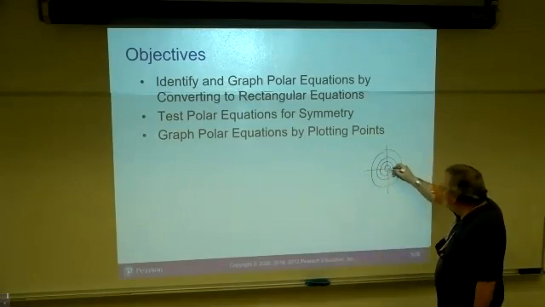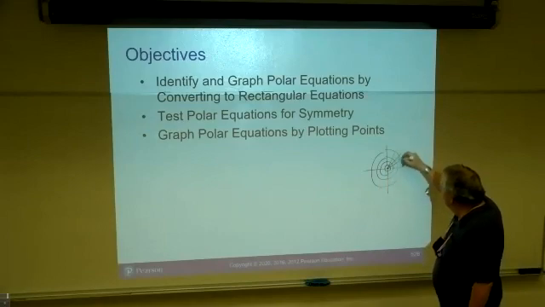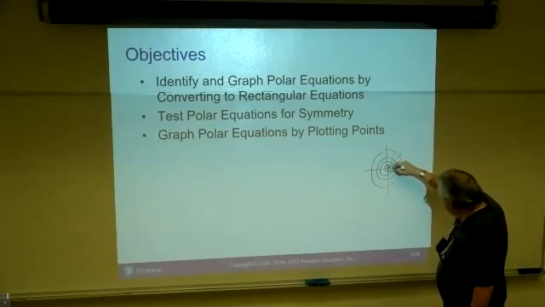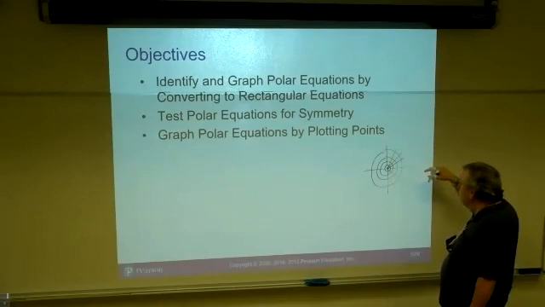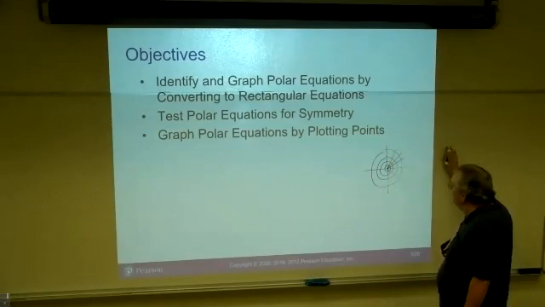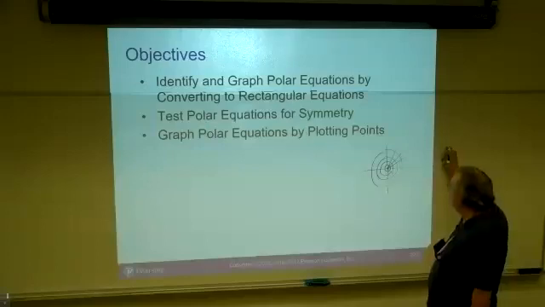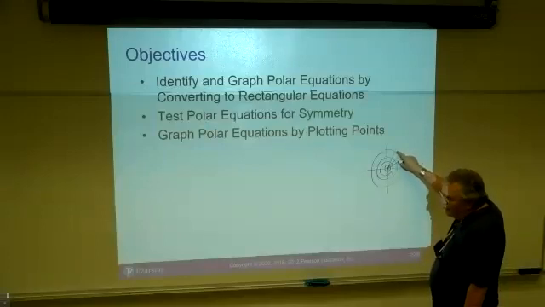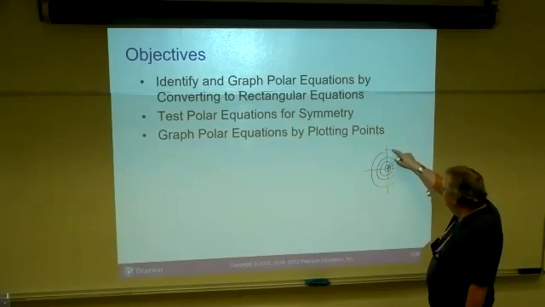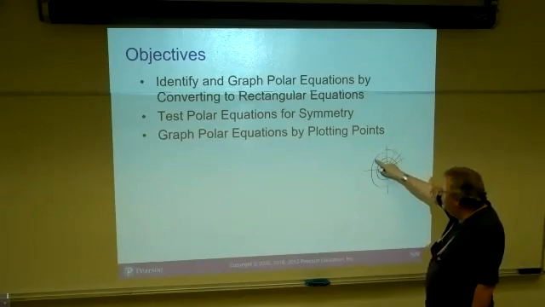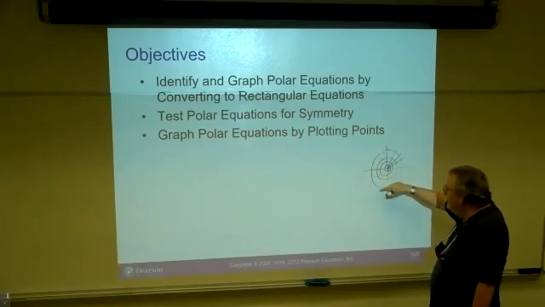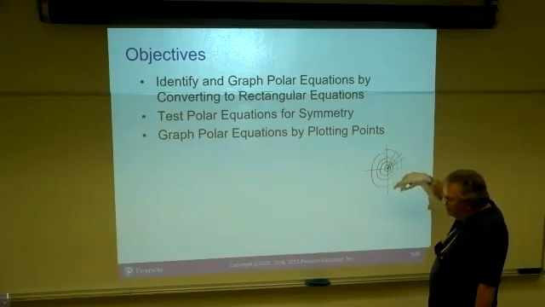And the textbook deals with 30 degrees, every pi over 6. So it'd be pi over 6, pi over 3, pi over 2, 2 pi over 3, 5 pi over 6, pi, and so that's how they do it.